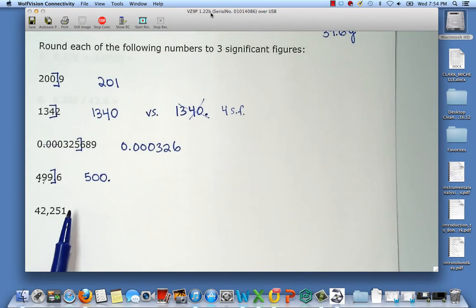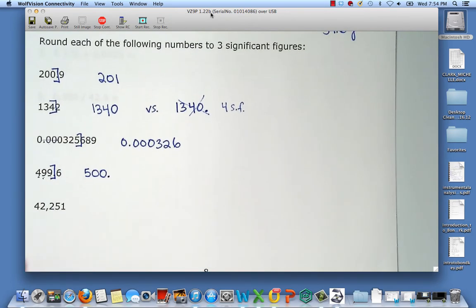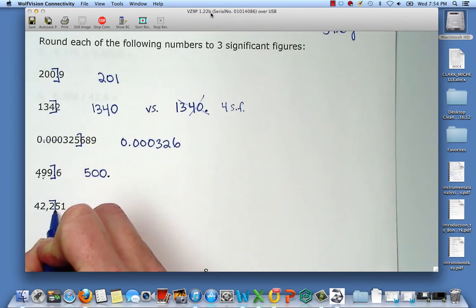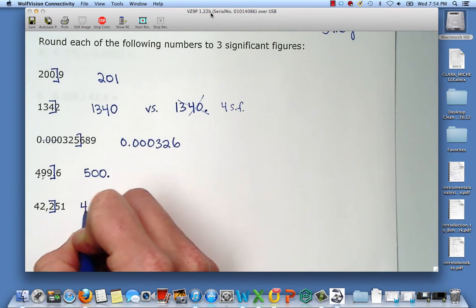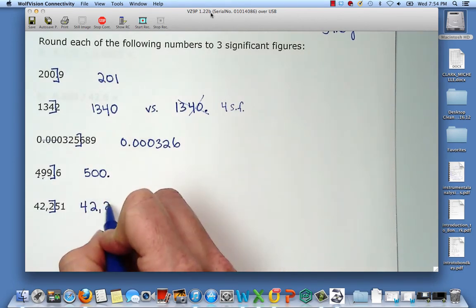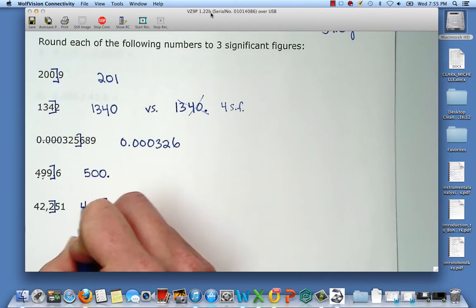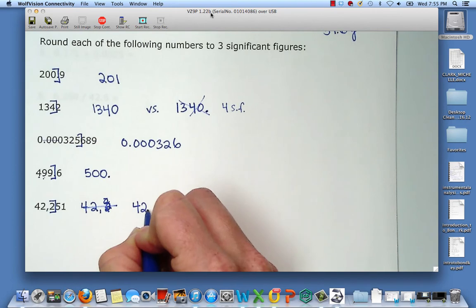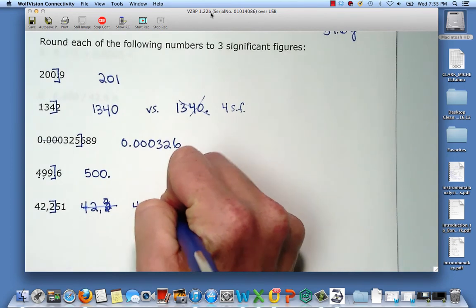All right, this last one, your bracket goes between what two digits? 2 and 5. So 4, 2, 2. No, it's not 2. It goes up to 3. Yeah. 4, 2, 3. So 0, 0. Do I put a decimal?